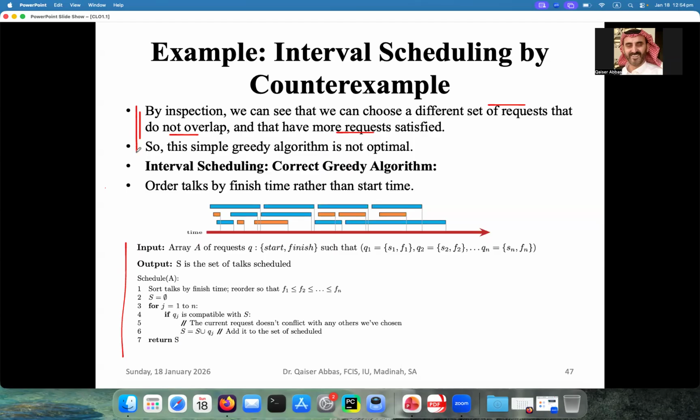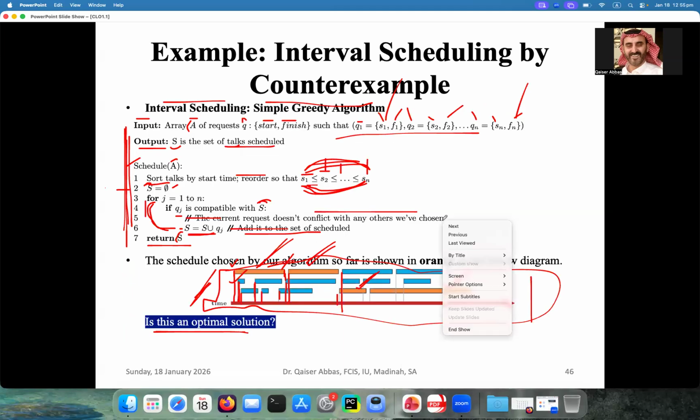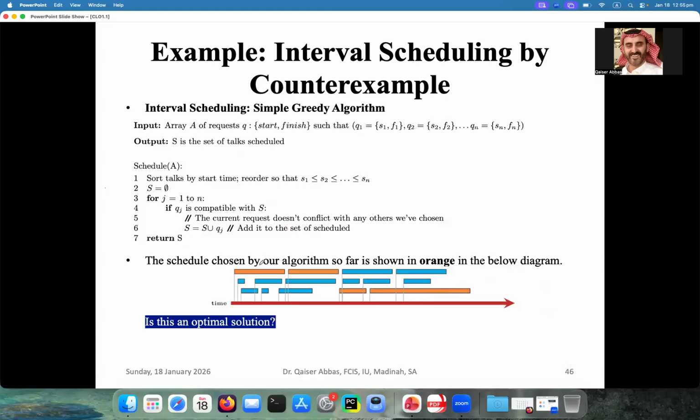These lines are showing the previous algorithm is not optimal, because if we think only with the start time, okay, I will take this first one which is finishing here, then the second here which is finishing here. Maybe for this orange one, okay, I will take it, then the others are colliding.